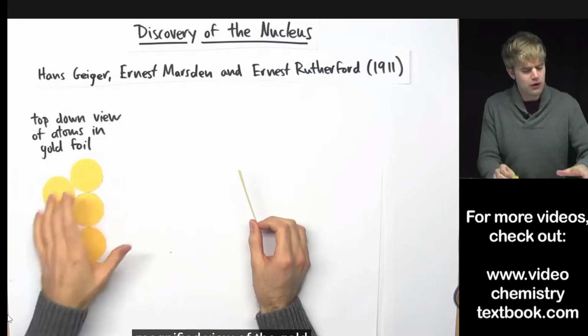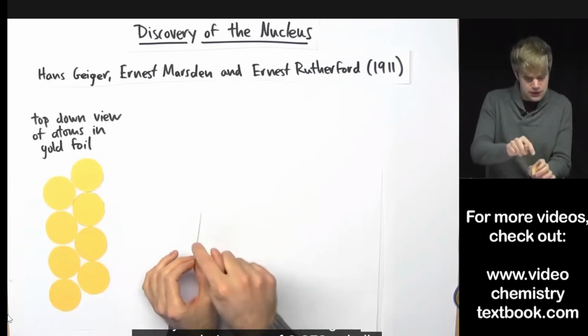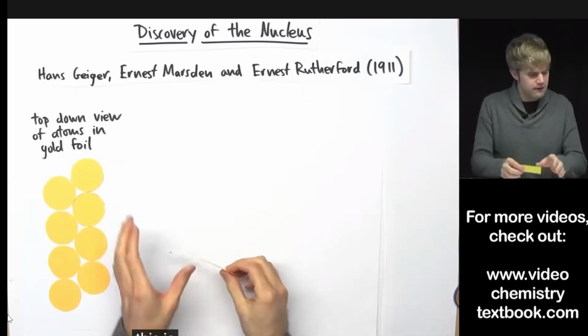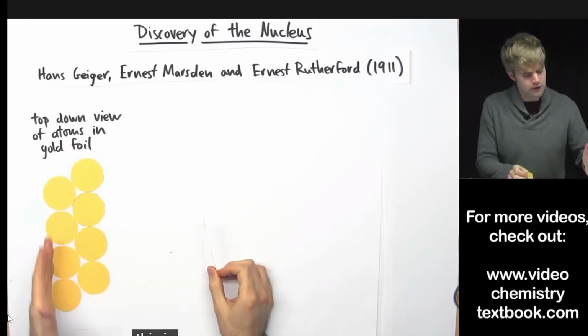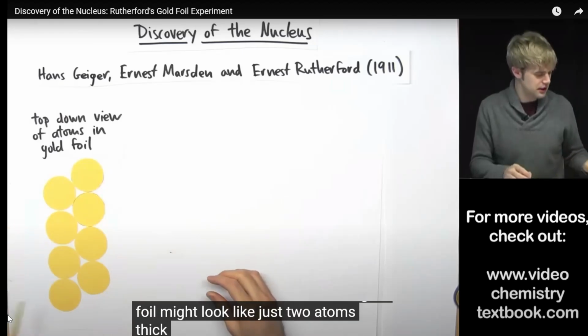If we want to think about gold atoms as being sort of circles or balls, this is what the view from the side of the gold foil might look like. So it's basically, in his little model here, only about 2 atoms thick, okay? Just 2 atoms thick here.